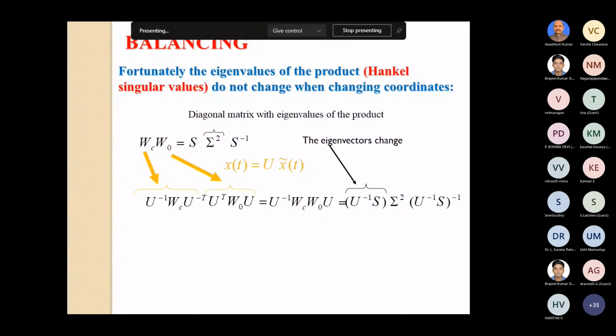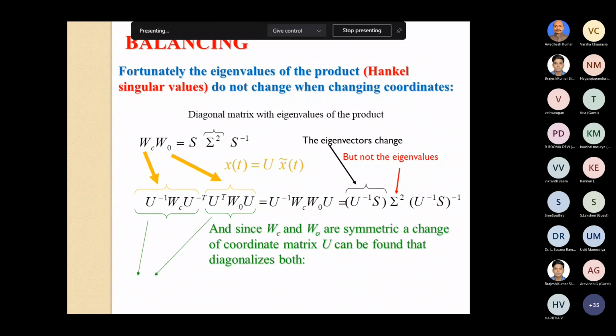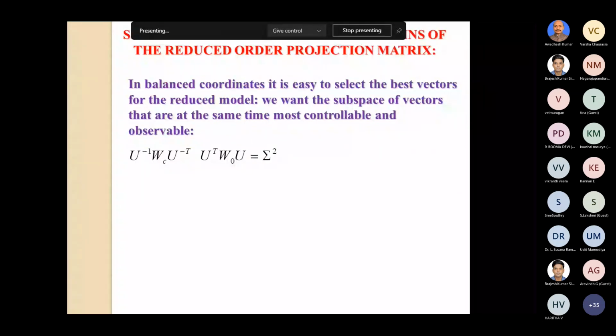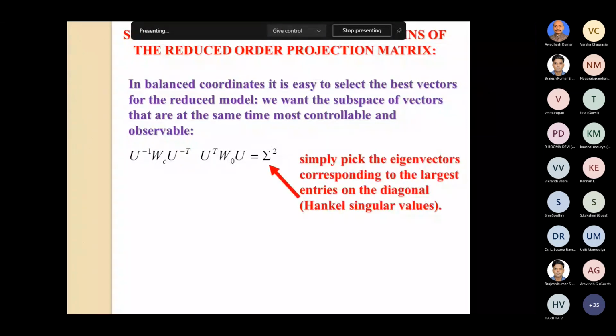If you do these manipulations, you find that the original eigenvectors change, and ultimately we will be able to get the reduced order model.